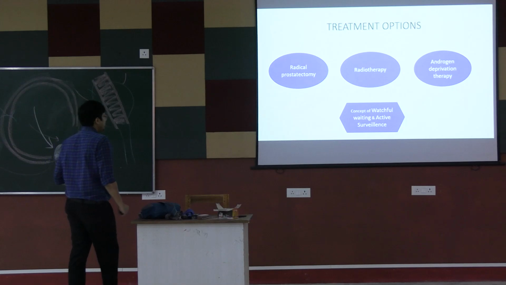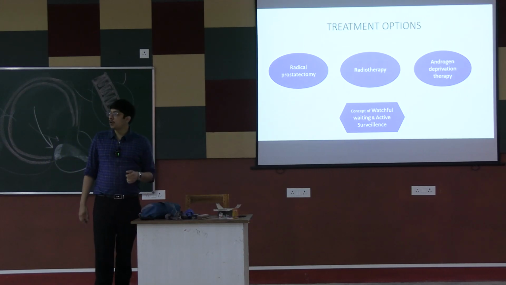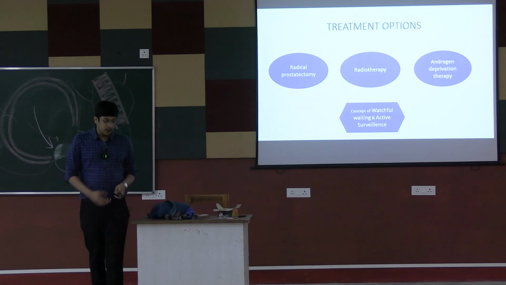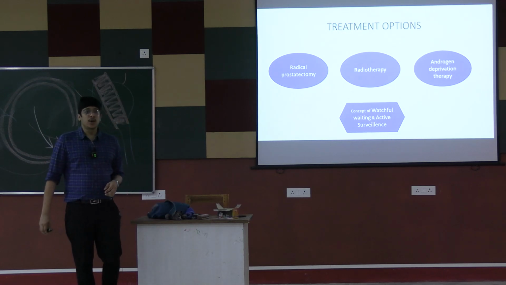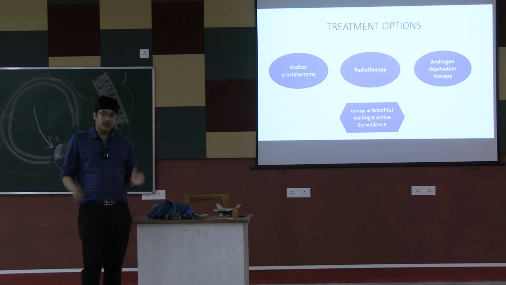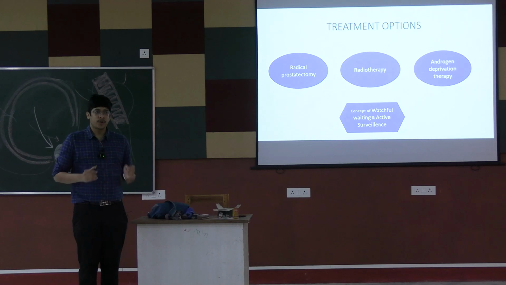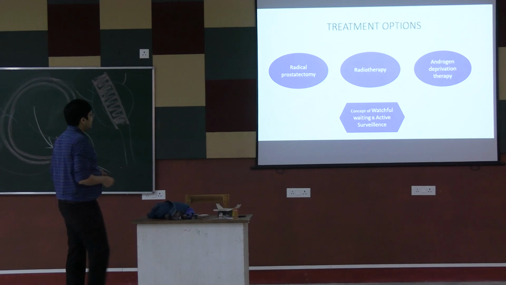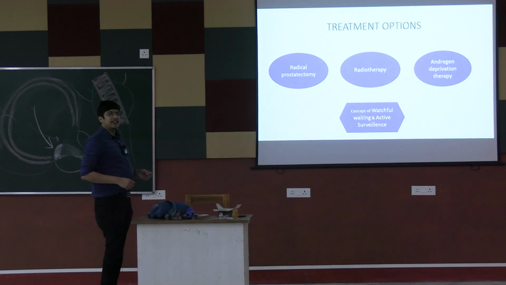Now, regarding treatment, what are the treatment options for this malignant disease? If the disease is absolutely localized to the prostate with no lymph node spread, no local extension and no metastasis, then we have basically three options.